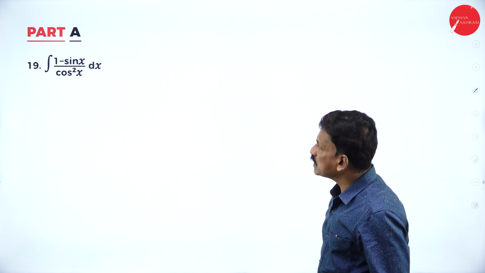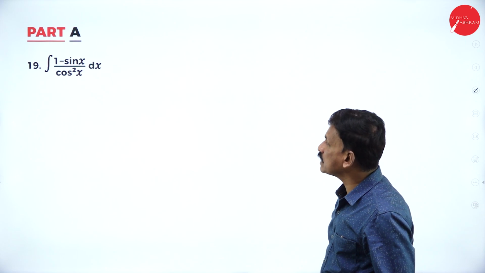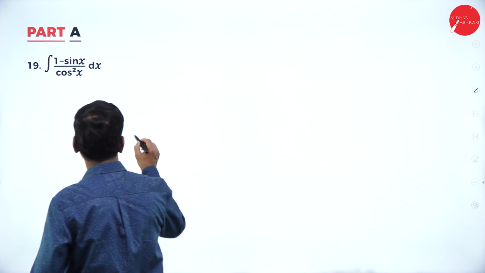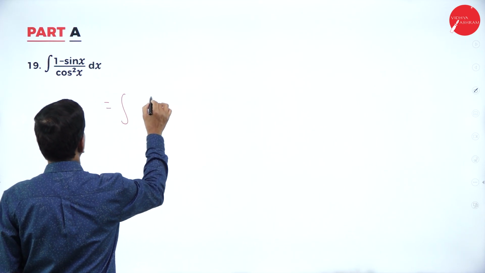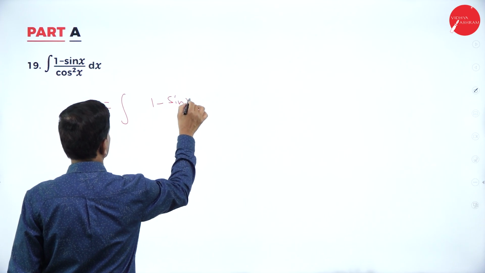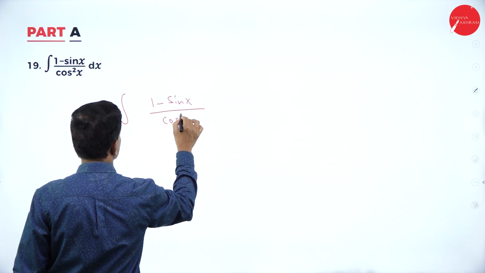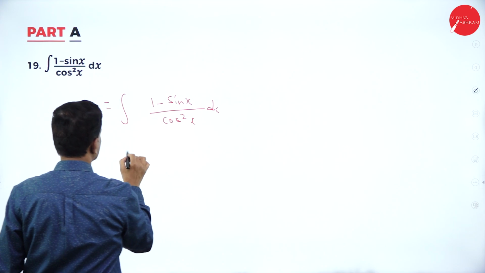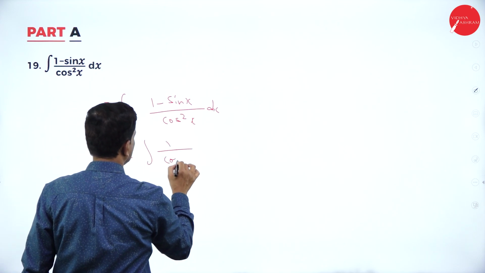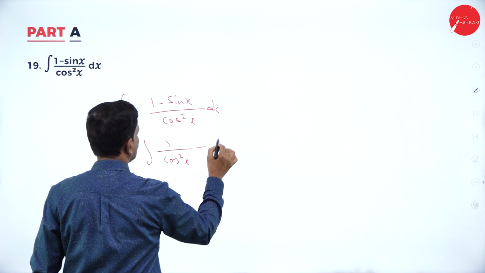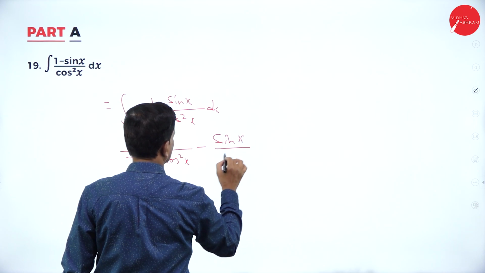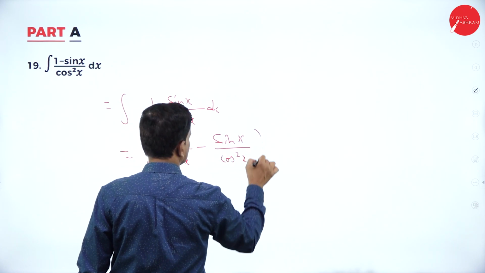Next, integrate the integral of 1 minus sin x by cos square x. Now, this question is from integration. So, 1 minus sin x divided by cos square x dx. Now, term by term division: 1 by cos square x minus sin x divided by cos square x dx.